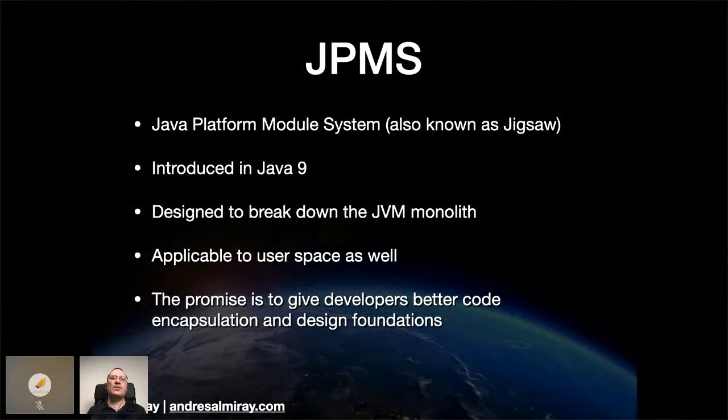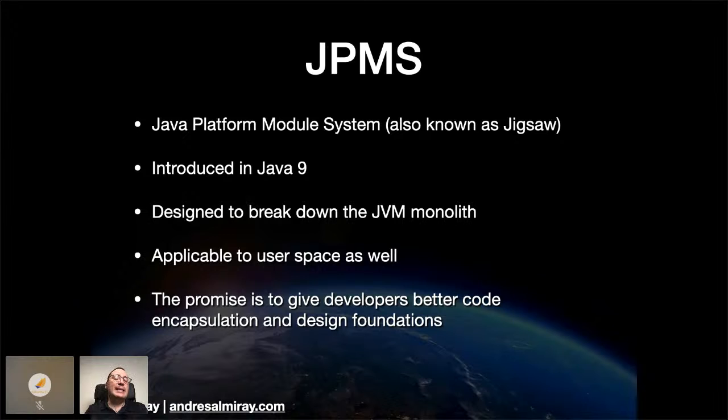And the idea for Project Jigsaw was to break down the JVM monolith. The JVM itself is comprised of lots and lots of code. It's a huge code base. And trying to make changes, if you pop something in one place, then something else will happen in another one. So the architects decided to try to make sense out of that chaos. And that's how JPMS came to be.